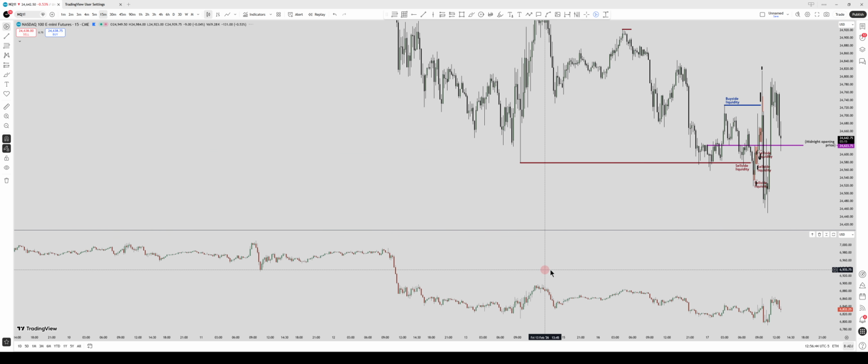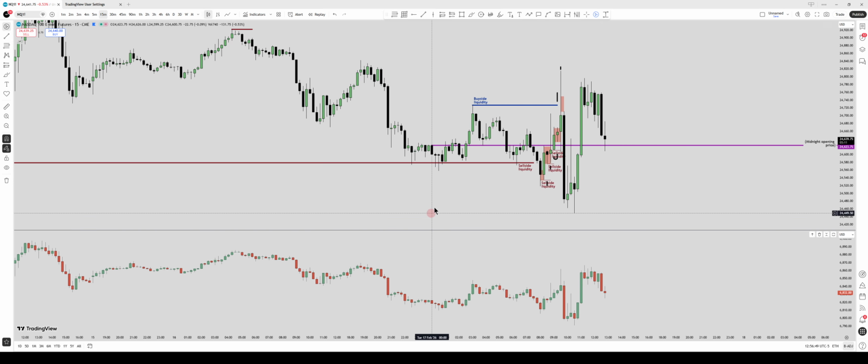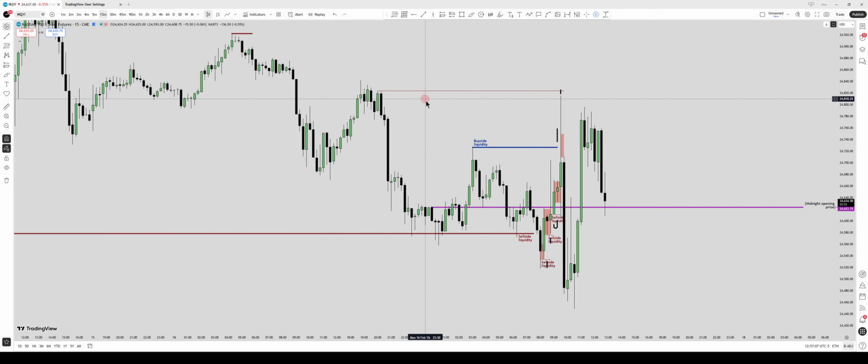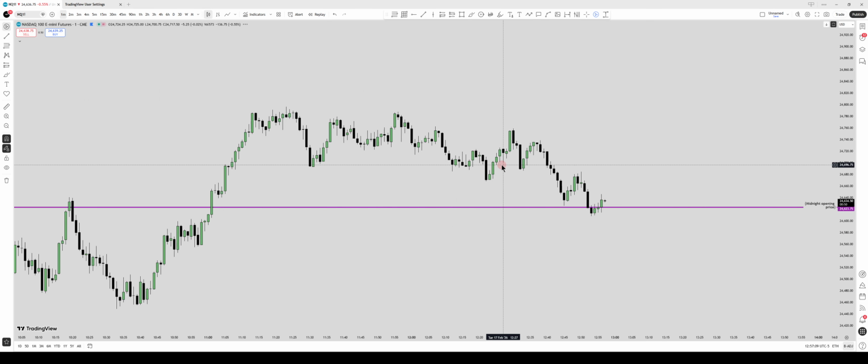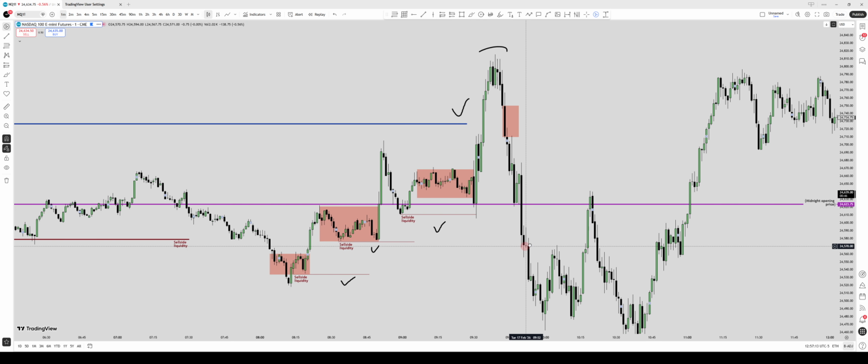If we go to the 15-minute, okay, so as you can see, ES failed to take out this high right here. We took out this high right here. So that is our SMT. Okay, so we have SMT as well.